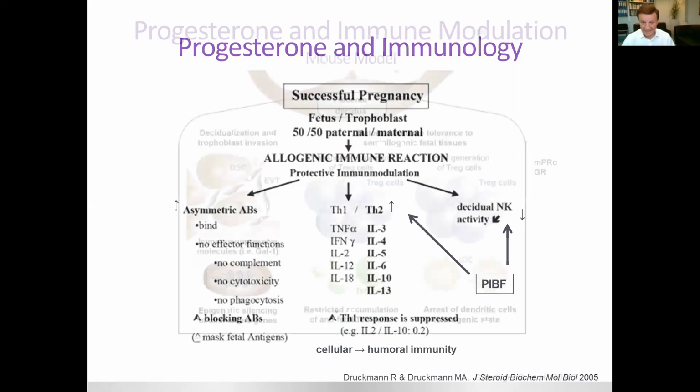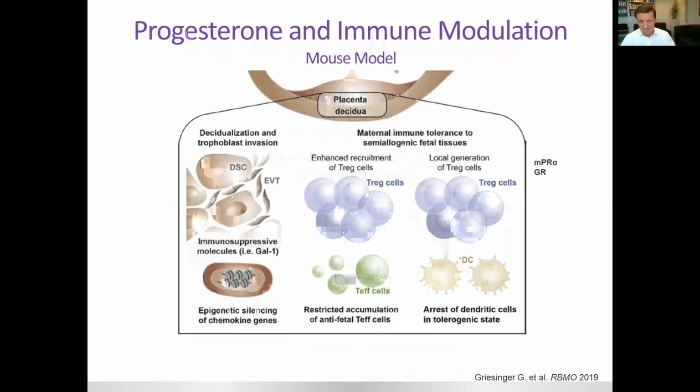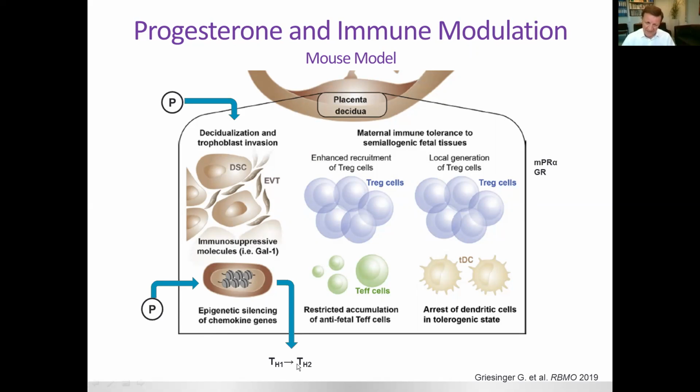So as you cannot investigate this situation in a human, usually a mouse model is used because it resembles very much the human situation. Progesterone leads to decidualization, and that helps trophoblast invasion. Progesterone leads to epigenetic silencing of specific cytokine and chemokine genes, and that leads to a switch in the Th1 to Th2 pattern.